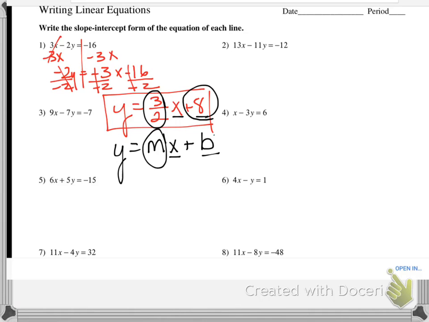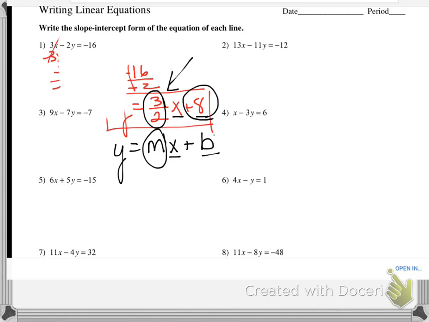More information than I need right now. I just want you to identify that the number that is touching the x when you're in the form of y equals is your slope. So we just found the slope of this equation. The slope of this equation is 3 halves. That's important to know. Let's try another one.